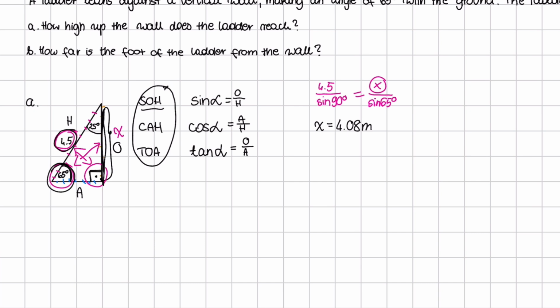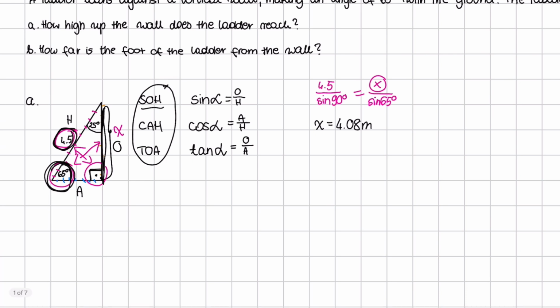So we have this angle, so we will have sine, cosine, or tangent of this angle, and we have, of course, the hypotenuse 4.5. We're looking for this x, so opposite, so we can only take sine.